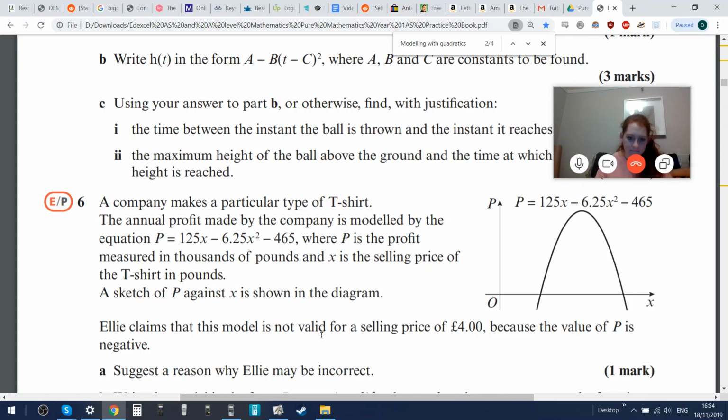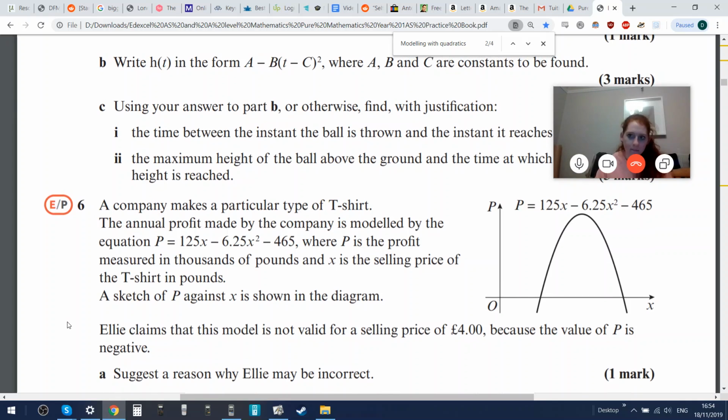You're correct. So it's quite a strange one. Yeah, basically, she's incorrect because there would be no profit. It would be a loss.